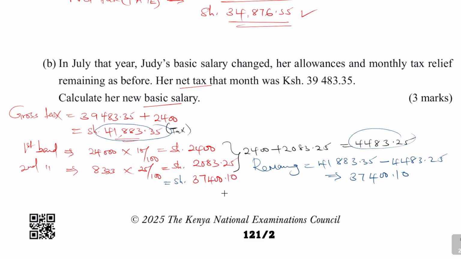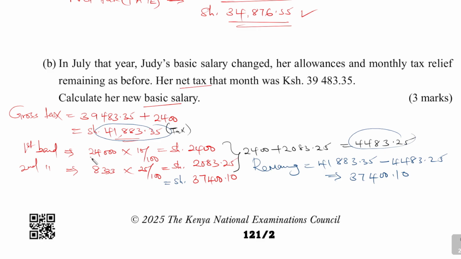37,400 and 10 cents. That is the tax. So now when you add these taxes, 2,400 plus 2,083 and 25 cents plus 37,400 and 10 cents, it should give 41,883 and 35 cents.